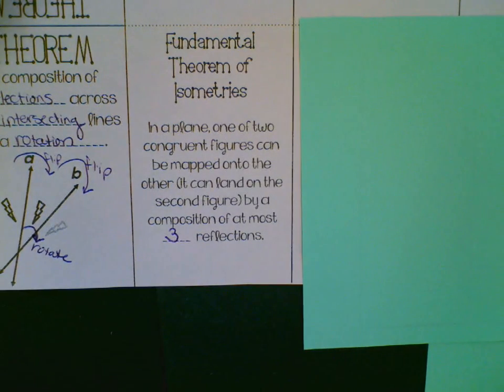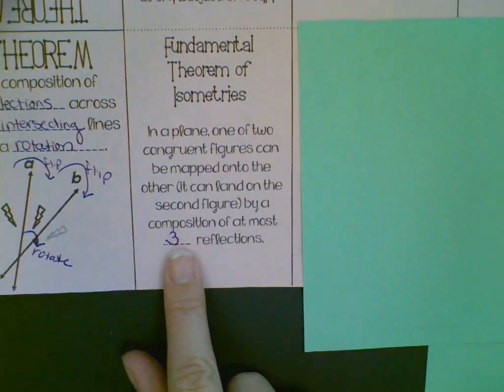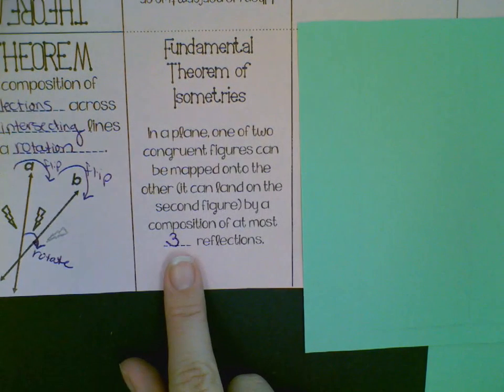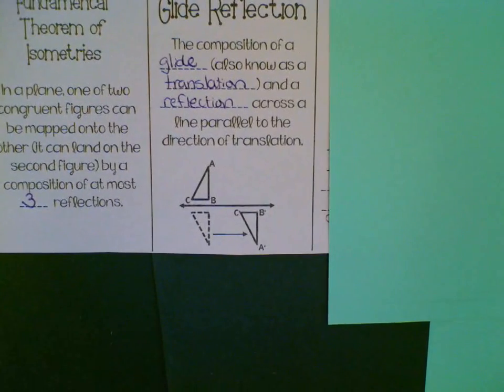So we can get any transformation except a dilation by reflecting at most 3 times. So it only takes 3 reflections to get any kind of isometry or congruent transformation.